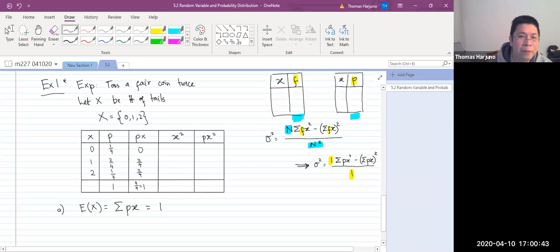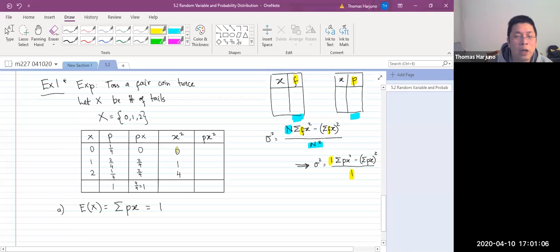Instead of fx squared, we do px squared. Now, x squared will be 0, 1, 4. Coming from this column x, you square the 0, you square the 1, you square the 2. That's how you get 0, 1, 4.